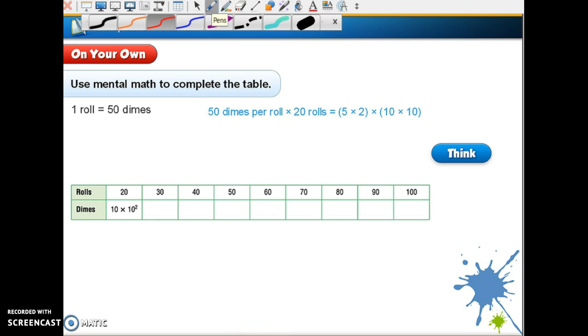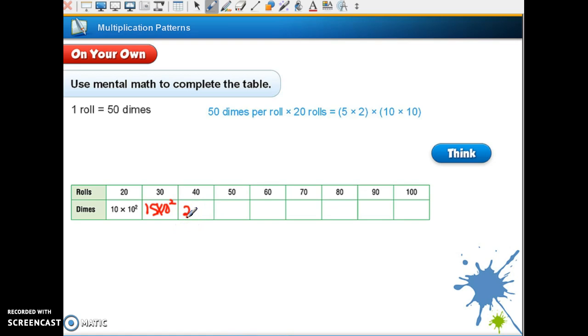What's 3 times 5? 15. And we're still going to do 10 to the second power. So that's what you should write under 30. Now what if we do 40? So what's 40 times 50? Or 4 times 5? 20.